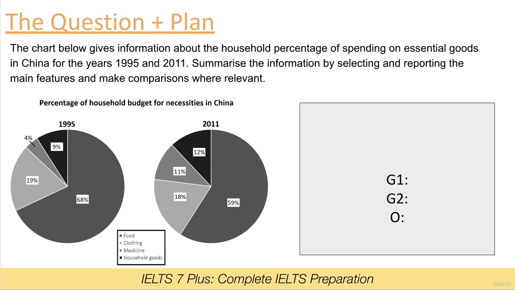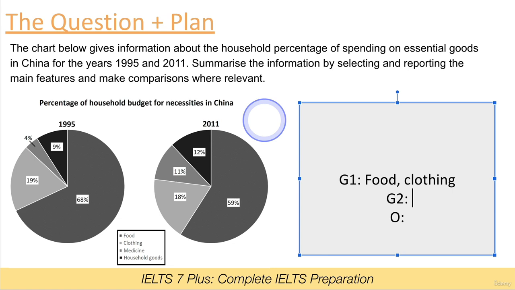Okay then, so I think we can think about our groupings now. How about we group the two highest, so that would be food followed by clothing. And then we could talk about household goods. And then medicine.